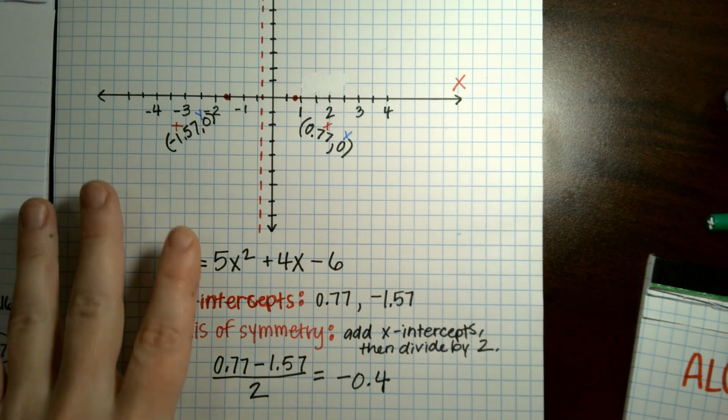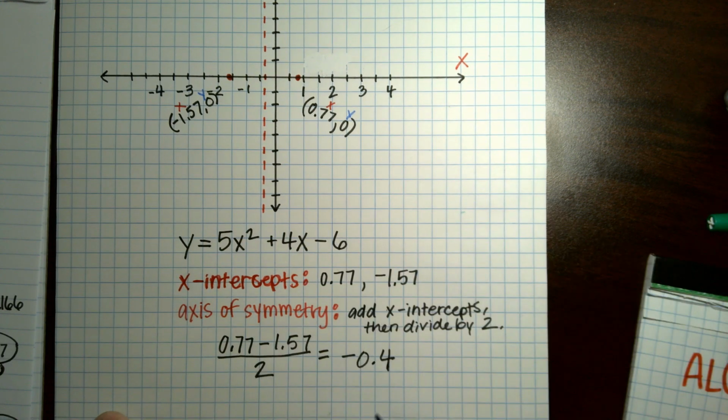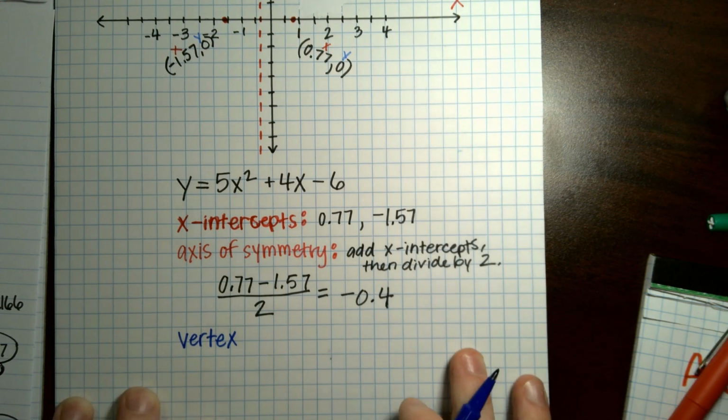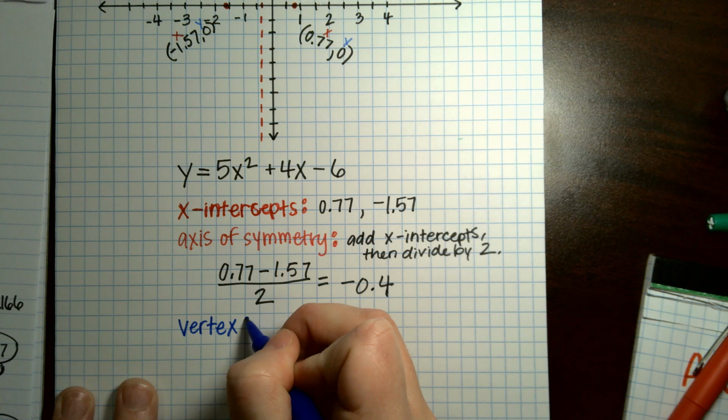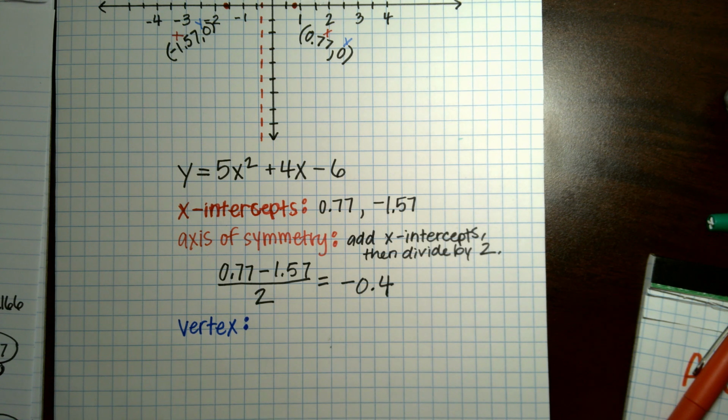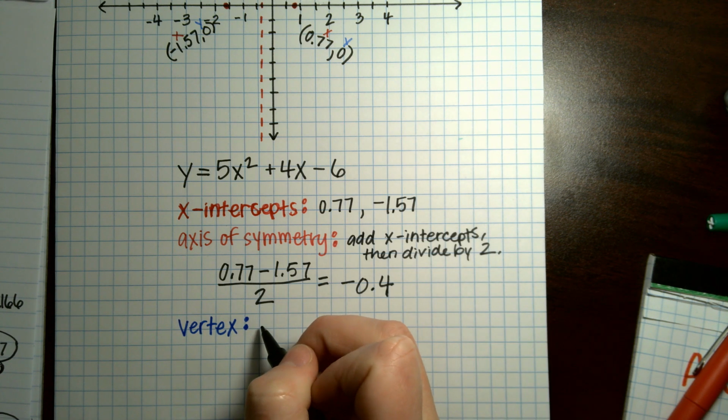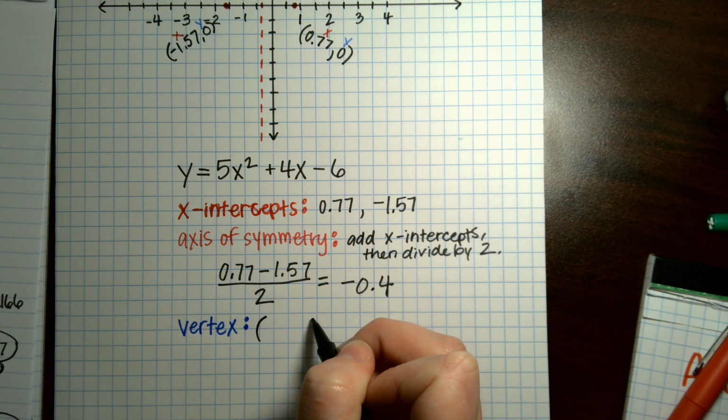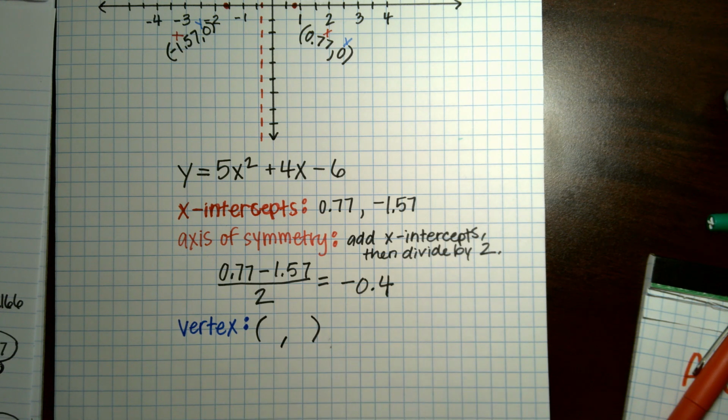We know that our vertex, let's write that down, V-E-R-T-E-X. Our vertex is going to be a coordinate, x, y.